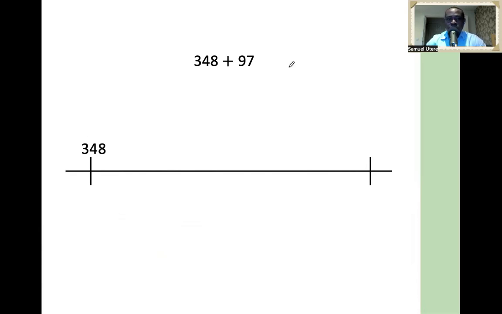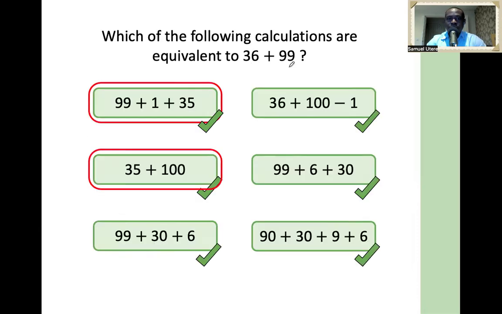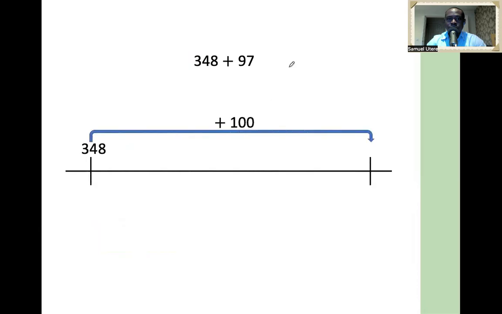So 348 add 97, when we write it out, we can simply say, what if we just add 100 to the calculation? When we finish having our answer, we say, but we were actually asked to add 97, so we've made it 3 extra. So in the end, our calculation will take away 3 from it.